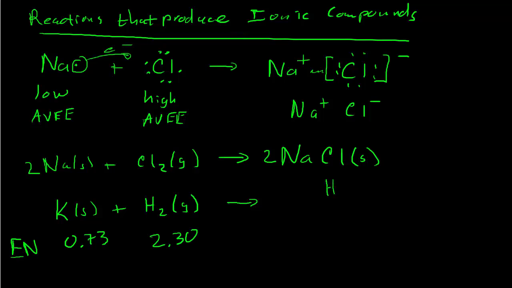We're going to form a potassium cation, a positively charged cation. We cross our charges to get the formula, and so we get KH, potassium hydride. And potassium hydride exists as a solid. Again, to balance this chemical reaction, we would need to put a 2 in front of the potassium hydride and a 2 in front of the potassium. There's another example of a reaction that could take place between a metal and a nonmetal, like hydrogen.